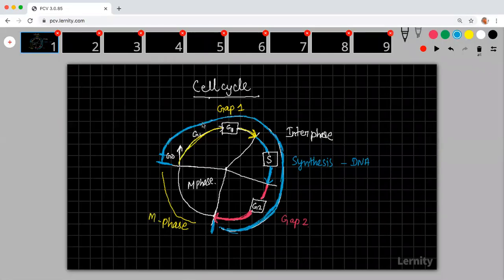Interphase will have G0, G1, S, G2. All these things put together, we call interphase. The gap 2 phase is part of interphase only, where things required for the M phase are produced. And then you have the M phase. M phase is the phase of cell division. It is called the cell division phase.